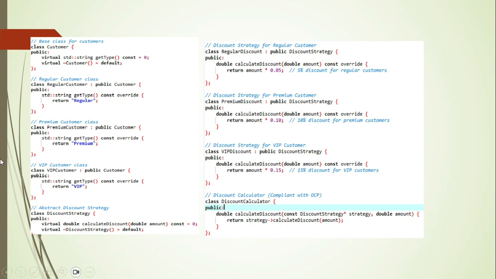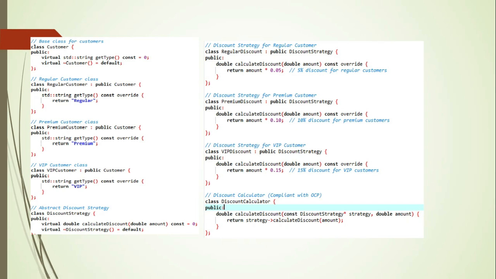Since the discount strategy is the base, the pointer can point to any object of its derived classes. Later, we will take the objects and pass them here. Then all the derived classes, based on the specific type, will implement it.